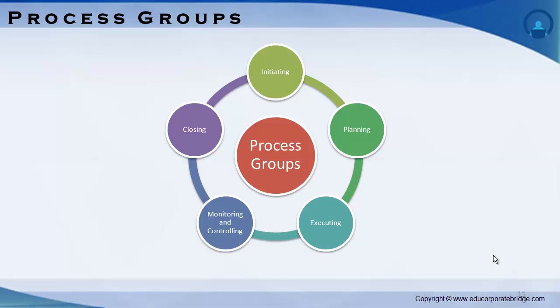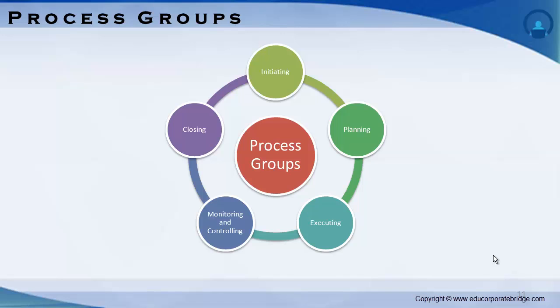Basically, in this process group, we do all the planning related to the project, be it defining the scope, be it estimation, be it creating a project management plan, be it creating a communication plan, etc.